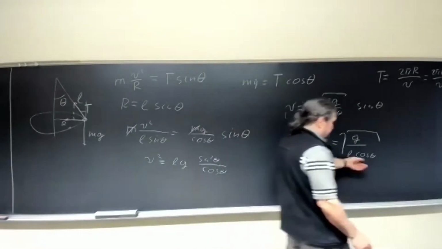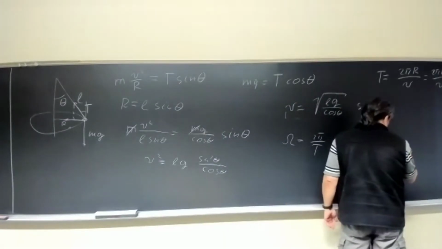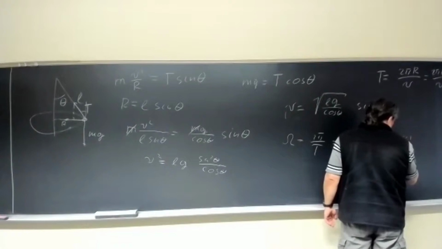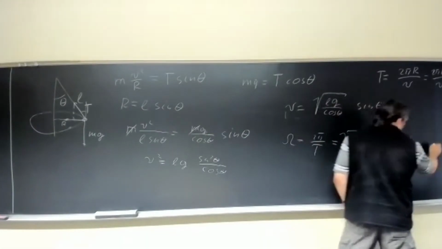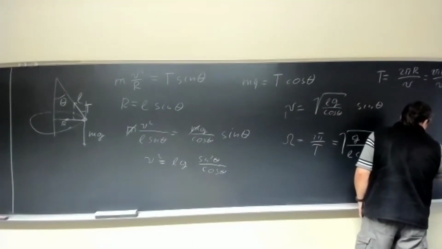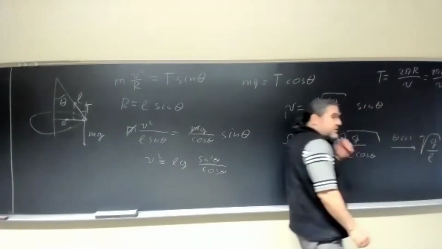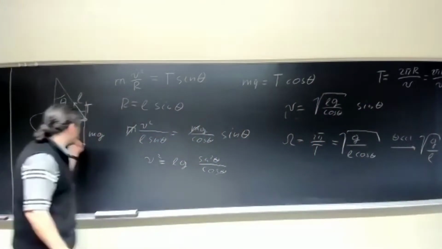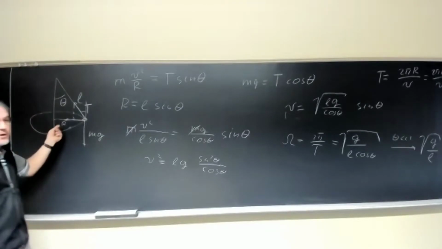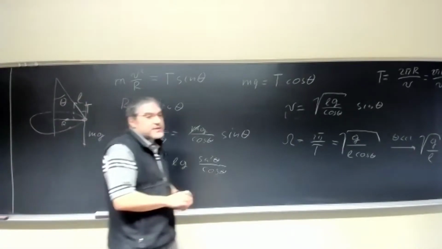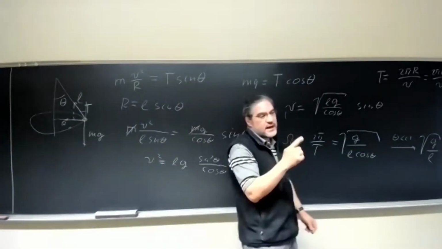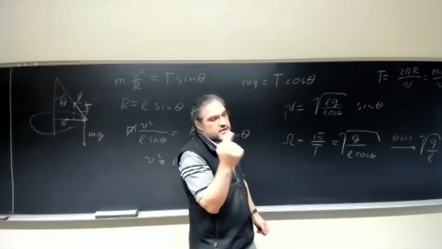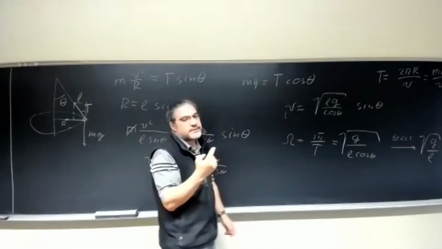So when theta is much smaller than 1, what you have is just the square root of G divided by L, which is exactly the same frequency as the frequency of oscillations of the pendulum. Right, so the pendulum will oscillate with exactly the same period as it rotates around at the same angle.